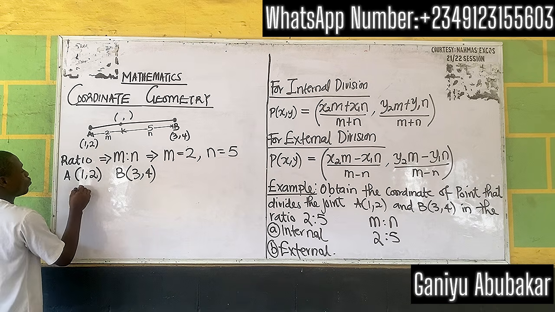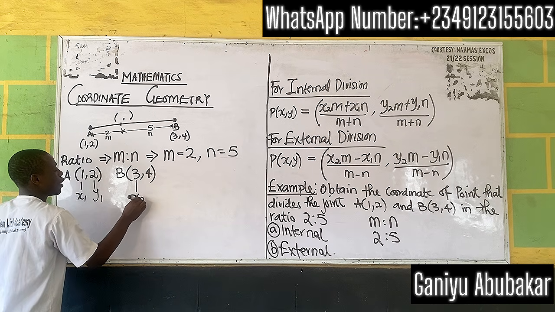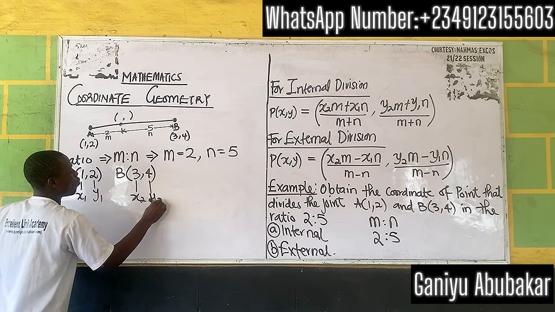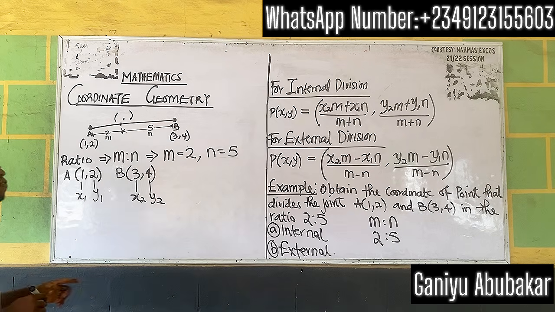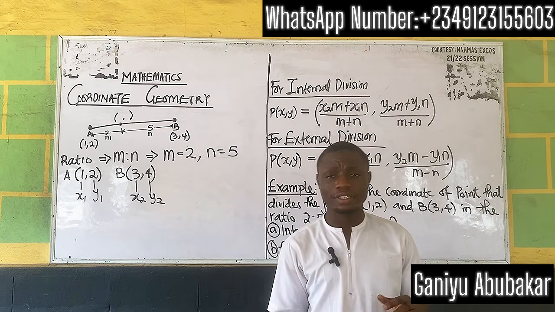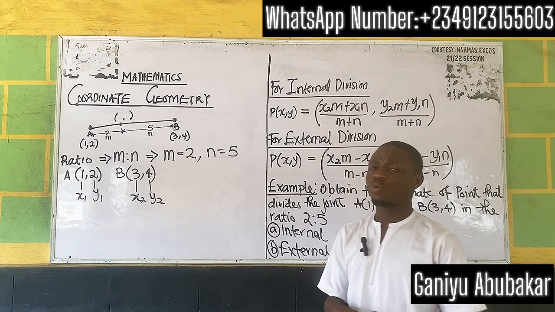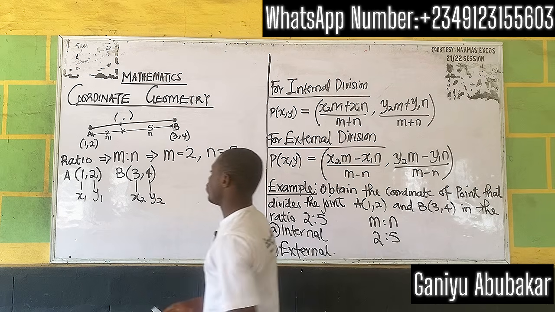Get the value of x1, y1, and then x2, and then y2. So your first task when it comes to this concept is to identify the ratio letters. Which one is m? Which one is n? When you are done with that, get the value of x1, y1, x2, y2.